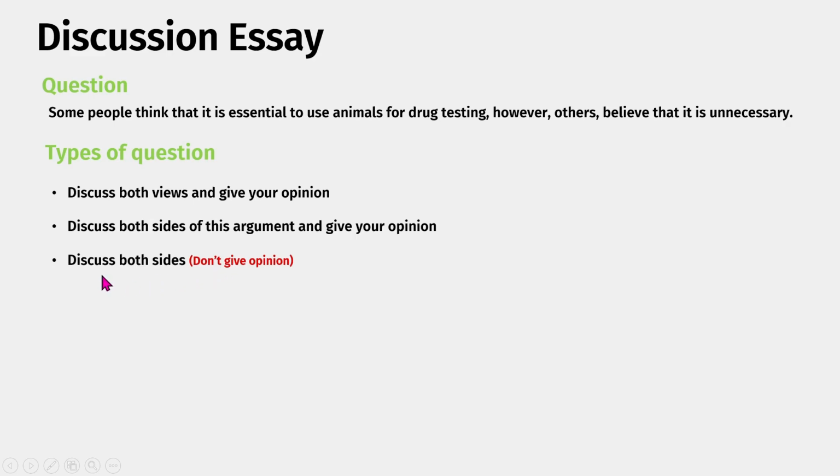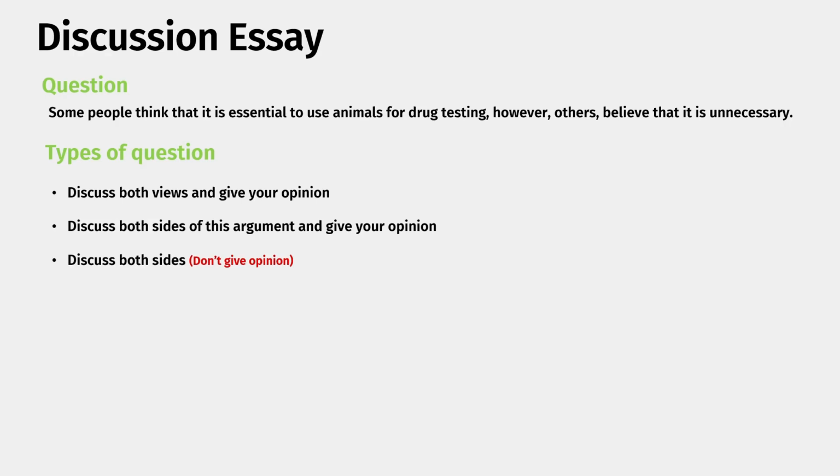And the third one is just: discuss both sides. It doesn't say anything about opinion. In that case, you don't have to give your opinion, just discuss both sides. If you encounter any of these questions in the IELTS exam, that means it is a discussion essay.